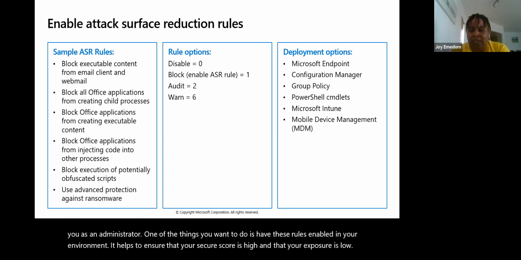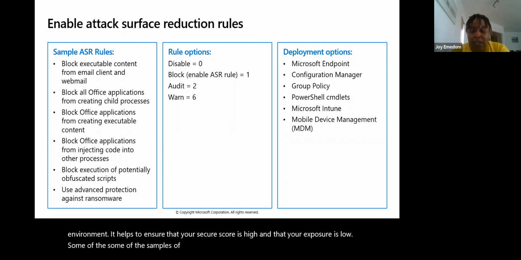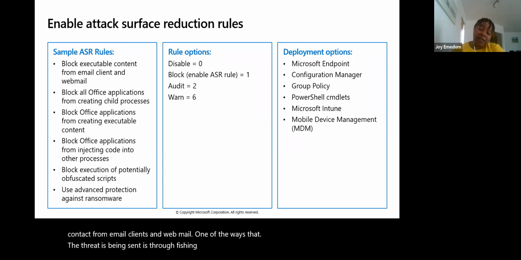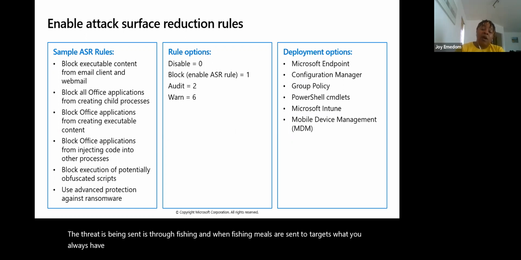Some samples of the attack surface reduction rules will be things like block executable content from email clients and webmail. One of the ways that threats are being sent is through phishing. And when phishing mails are sent to targets, what you always have are embedded files in those emails, and most times those files are masqueraded executables.